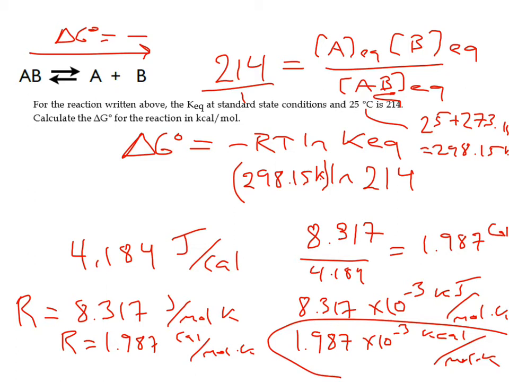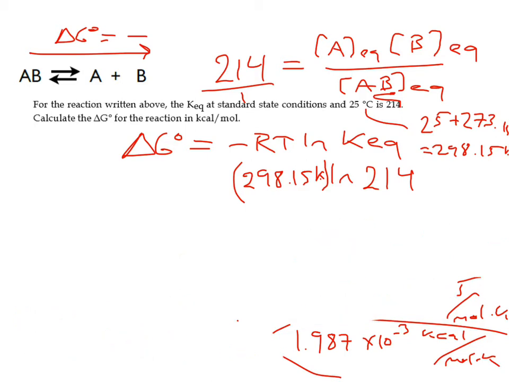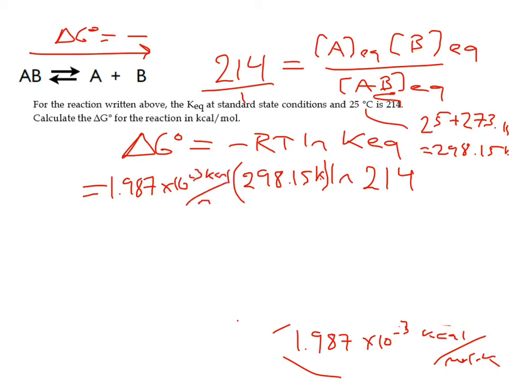So here we'll put that in there. I'm going to erase all this stuff on the bottom, except for that one. 10 to the negative third. Fix that. So it equals 1.987 times 10 to the negative 3 kcal per mole Kelvin. Cool, let's plug that in.